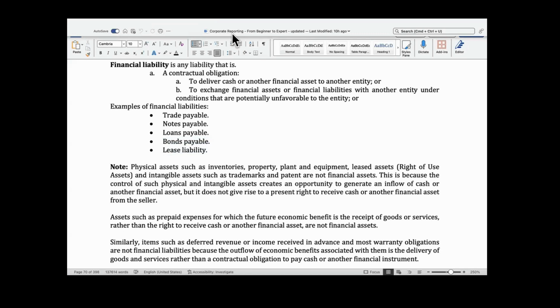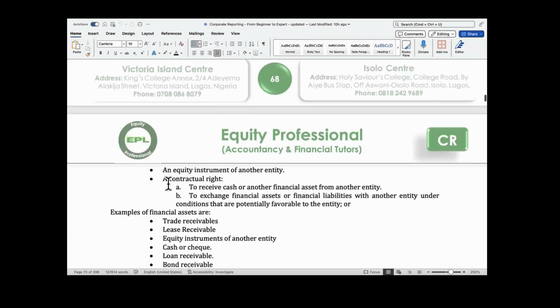Now, note that assets like PPEs, inventories, leased assets, intangible assets, all of these physical assets are not financial assets, because none of them gives the right to receive cash.